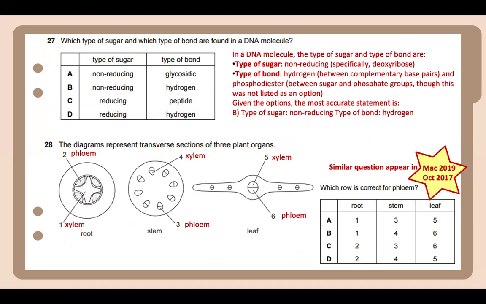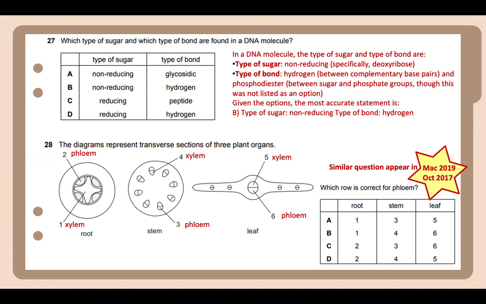In a DNA molecule, the type of sugar is non-reducing, specifically deoxyribose. And the type of bond refers to hydrogen bonds between complementary base pairs and phosphodiester bonds between sugar and phosphate group, though this was not listed as an option.